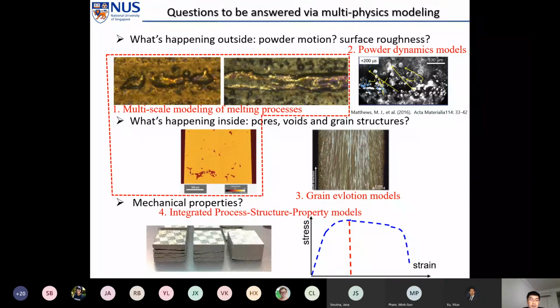And to predict the mechanical properties, we integrate process-structure-property models together, and then we can predict the mechanical properties from the input process parameters. I will go through these 4 different types of models one by one, but maybe briefly because of the time limitation. That means I won't really show the governing equations for each model.